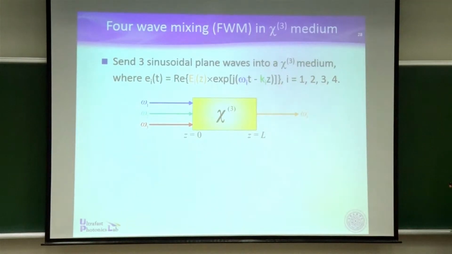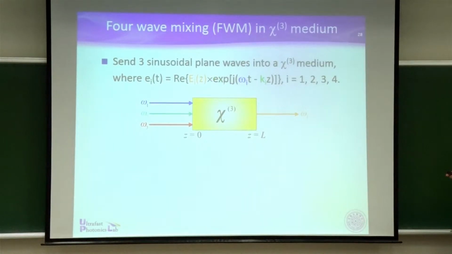E sub i, where i means 1, 2, 3, 4, you have 4 frequencies, right? is equal to the real part of big E sub i of z. We will check what this means later.